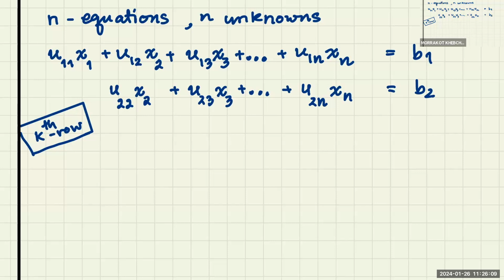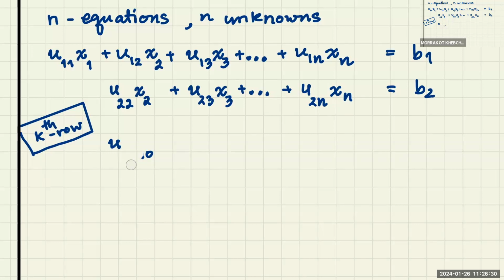It means the first element you start with. Suppose n is 1000, okay? If I say row K is now row number 10, you will get u10,10, right?